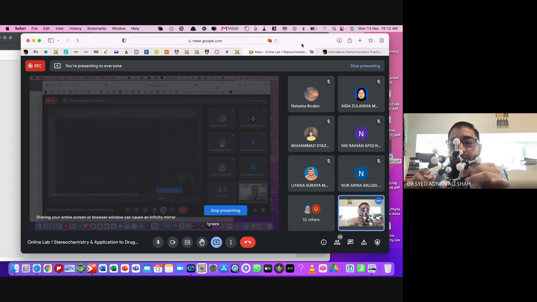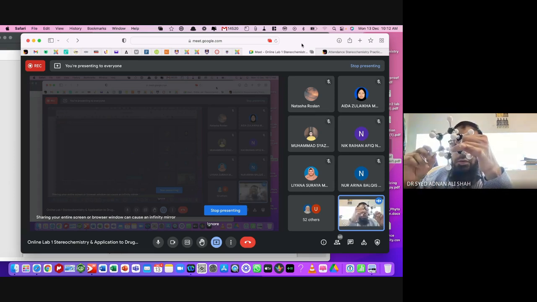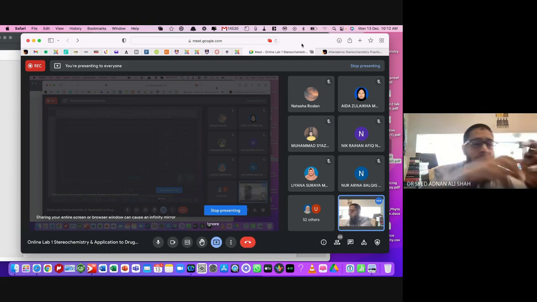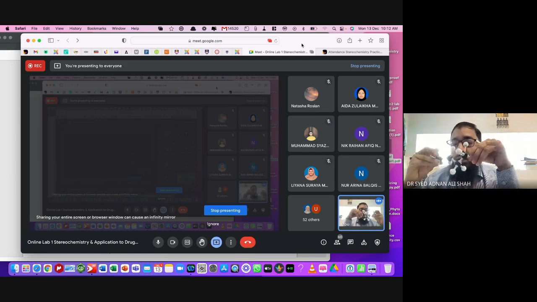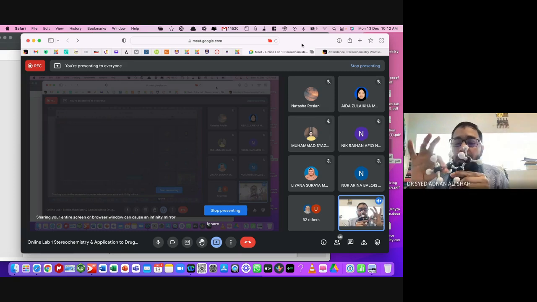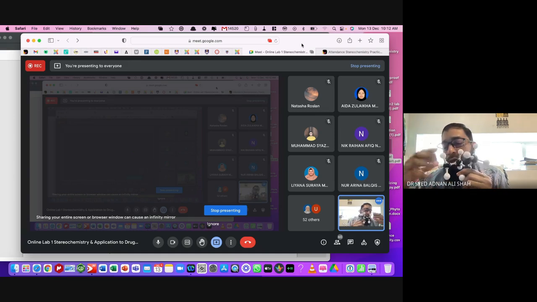So I have made models of cyclohexane as well as simple butane. You can see the butane model, right? This one carbon, this one carbon, carbon 1, carbon 2, carbon 3, and carbon 4, and then these are the hydrogens. In butane you have the CH3.